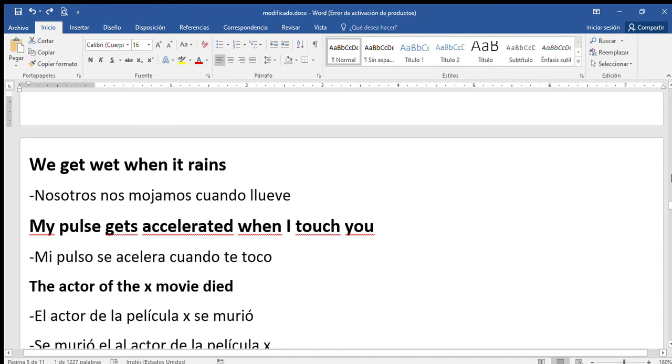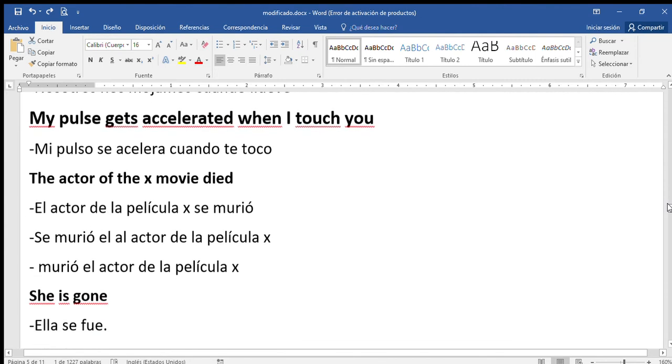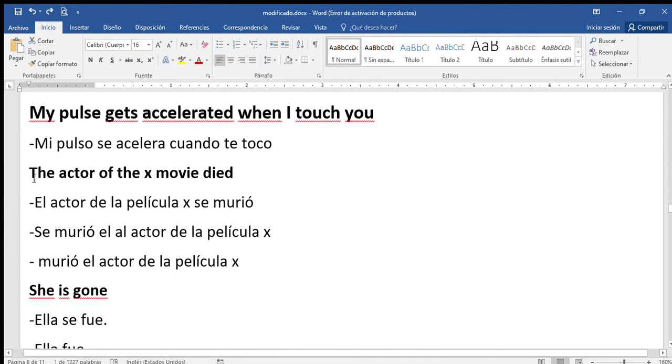I think I talked about that. So in this case we have the actor of the X movie died. El actor de la película X se murió. The action is not going to anybody. El actor de la película X se murió, or se murió el actor de la película X, or just murió el actor de la película X.